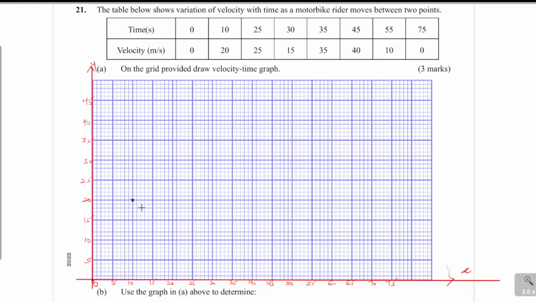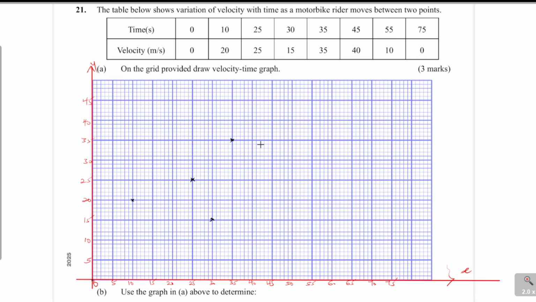Then the next one is 25, 25. Then the next is 30, 15. Then 35, 35.